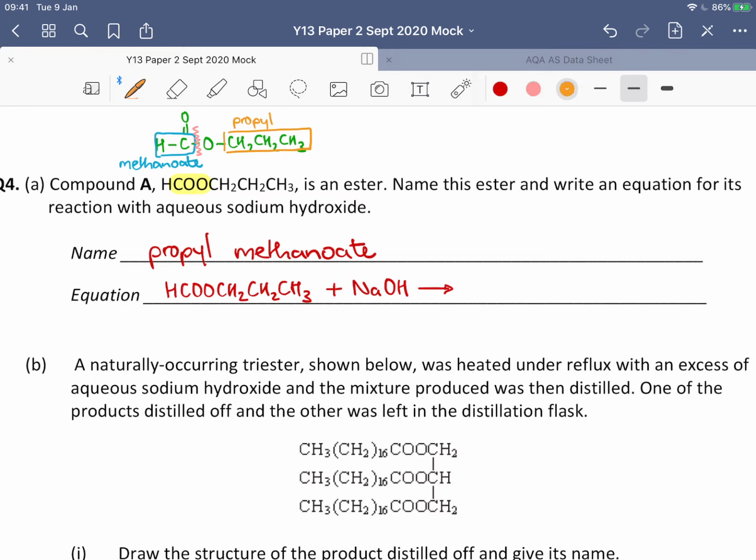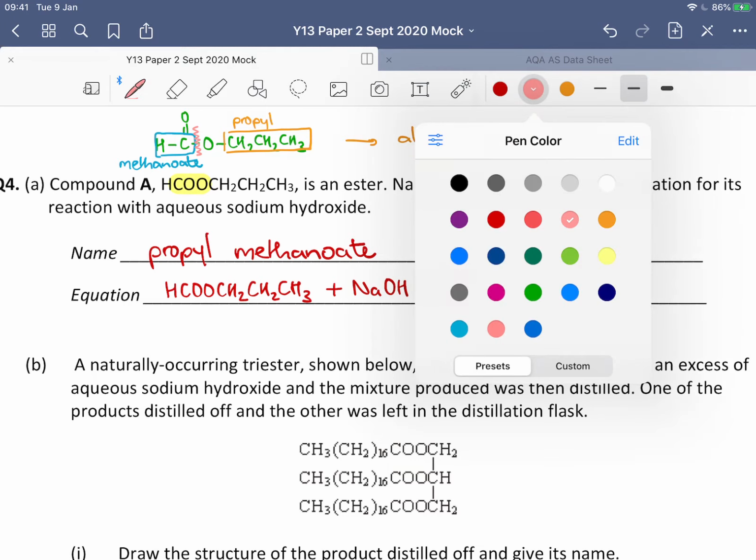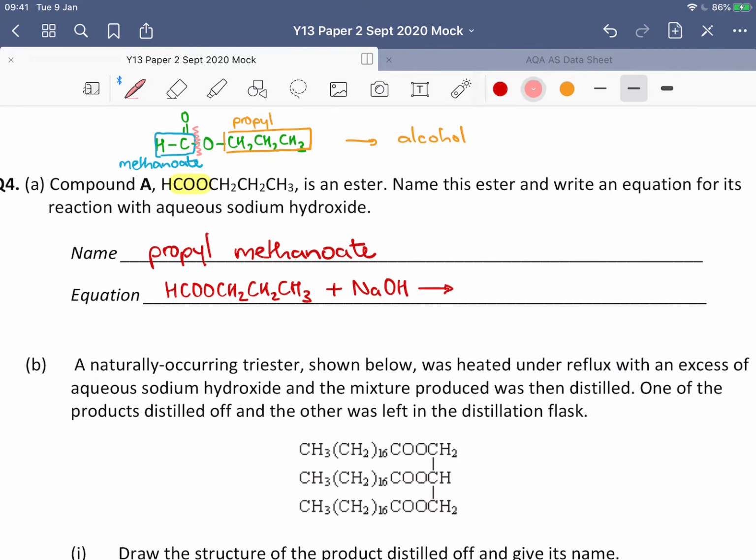So the orange bit has come from the alcohol that formed the ester, and the blue bit has come from the carboxylic acid. So you remember, a carboxylic acid and an alcohol form an ester.